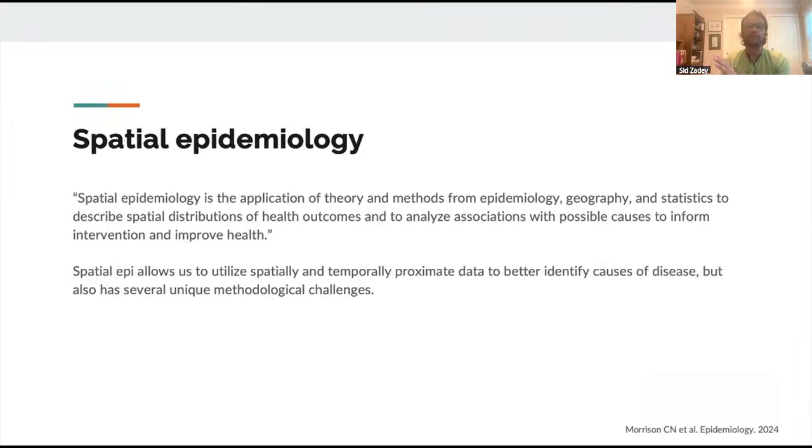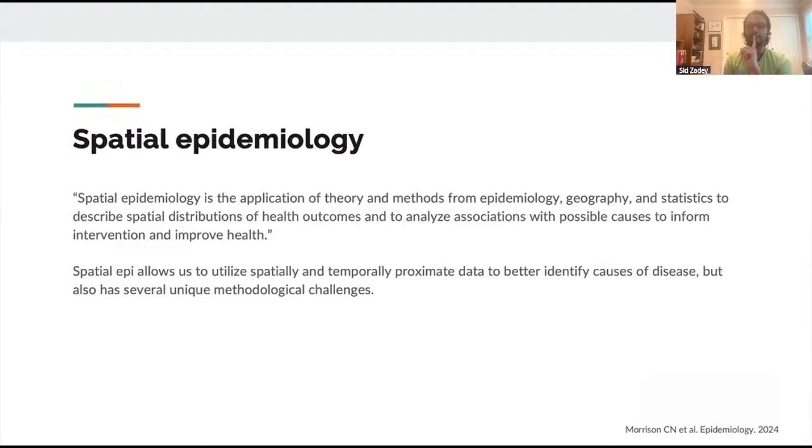Within spatial epidemiology, we sit at the interface of geography and a lot of biostats, but the goal, or the horizon in vision, is always how we can influence better health outcomes. Although we talk a lot about just spatial stuff, in terms of dealing with data, we always have data that's spatial and temporal.